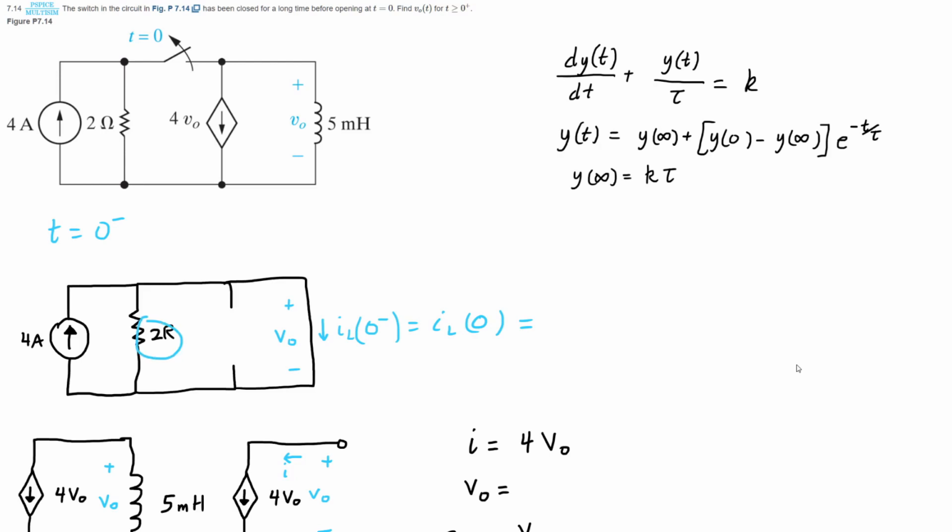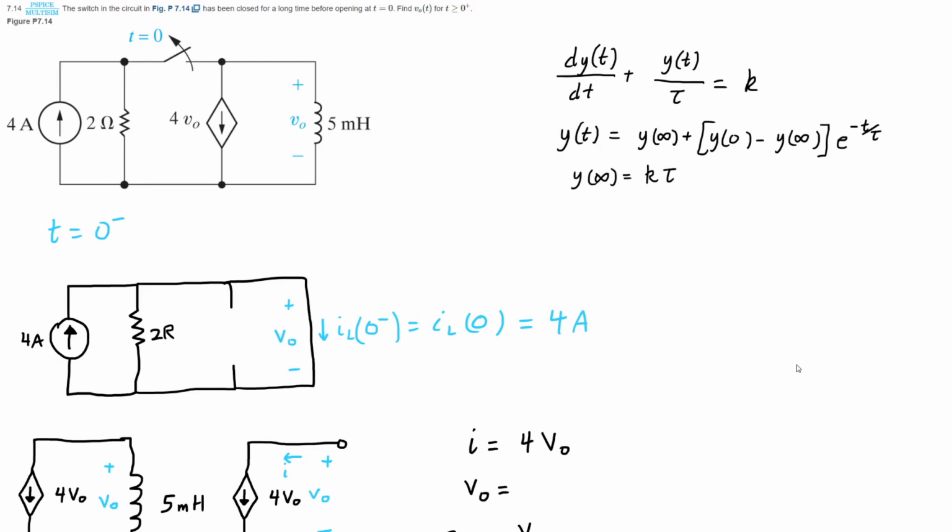This is going to get none of the current, and also there's no voltage drop across this resistor. So that means the dependent source right here is open. It's not providing any current. So we can surmise that IL0 minus is 4 amps.